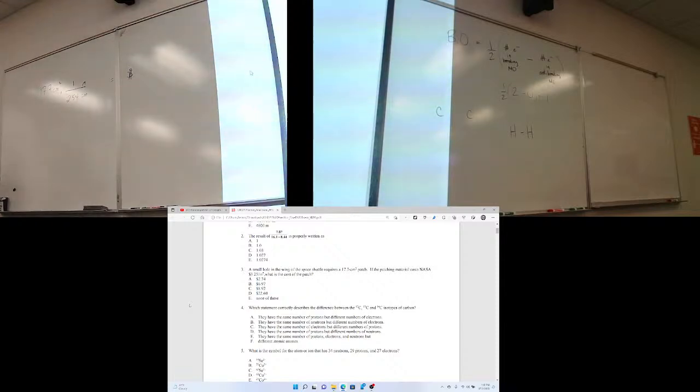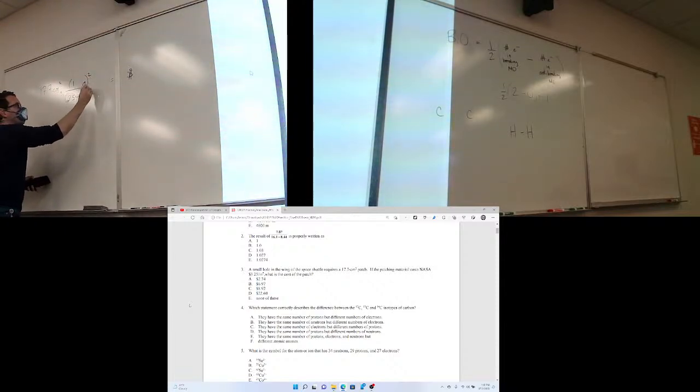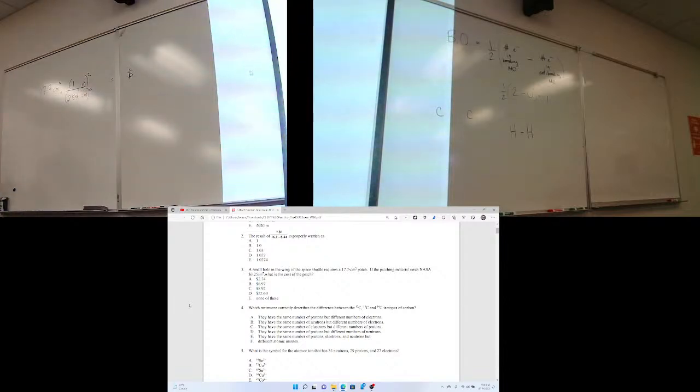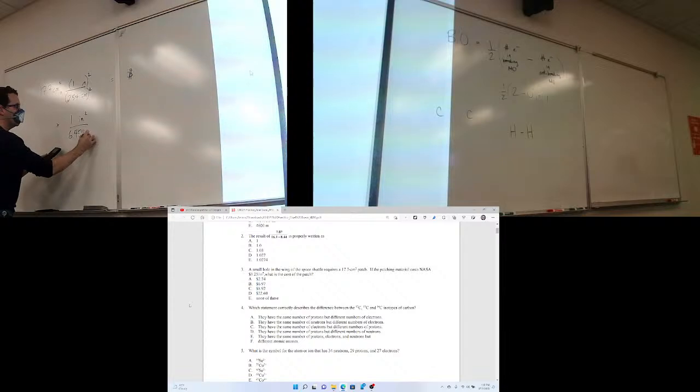And to get the squared version, all I have to do is square both the numerator and the denominator. So if I rewrite that, I get 1 inch squared. 1 squared is 1. 2.54 squared is 6 something, excuse me, not 8: 6.4516 centimeters squared.